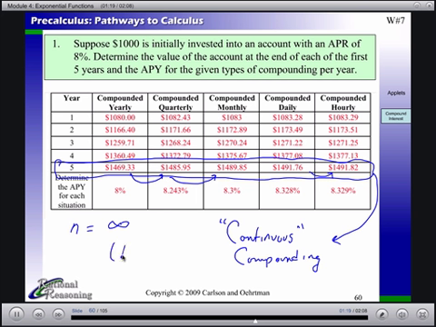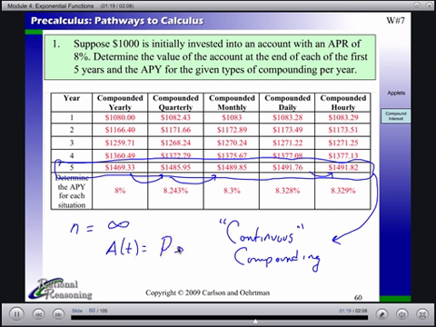Because what do we have? 1 plus r over, now it's going to be over infinity, to the infinity. So when we have continuous compounding, we have to rearrange things, and we end up with a different form of the equation, which is this. When n is a finite number, we have the equation. But when n is infinite, or continuous compounding, the formula becomes this.